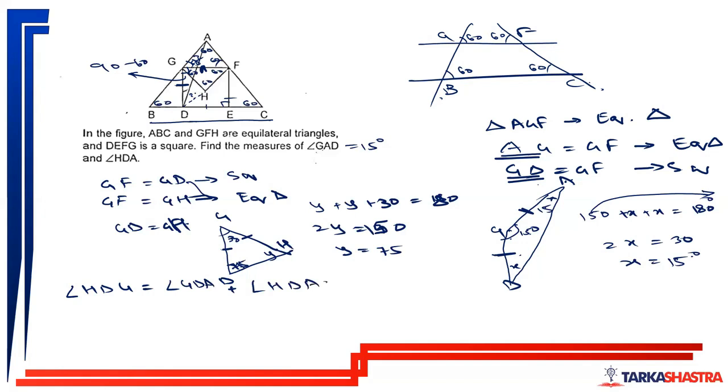Angle GDA is nothing but X, which is 15 degrees. We know this. And angle HDG is 75 degrees, which we have already calculated. So angle HDA must be 60 degrees, only then the sum will be 75. So angle HDA is 60 degrees. Very easy.